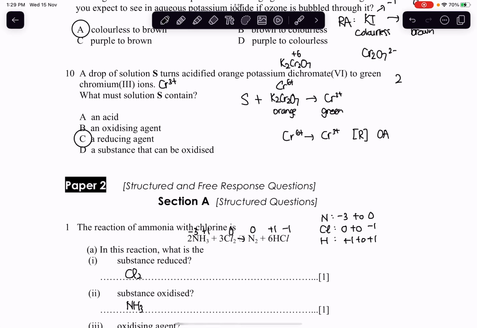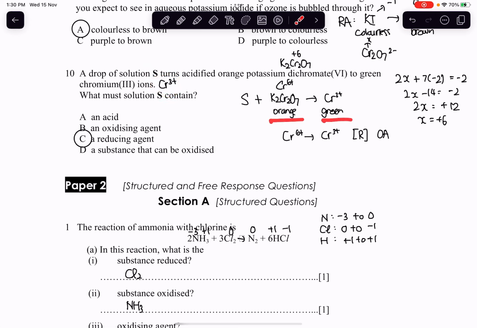So you have 2x, where each chromium is x, plus 7 times -2, giving you -2. So you have 2x minus 14 equals -2. 2x equals +12. So x is +6. So you have +6 in K2Cr2O7 to +3 in Cr3+.